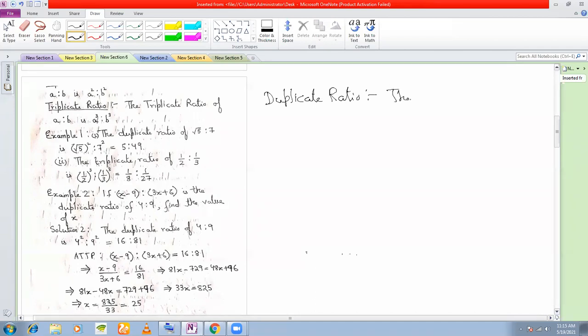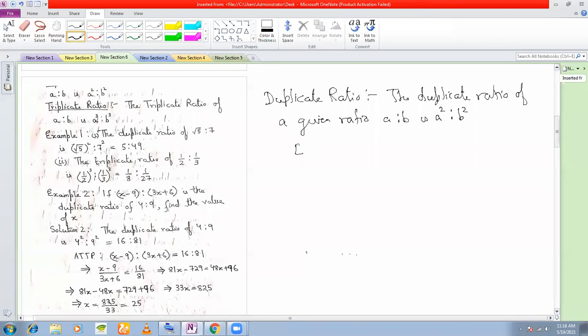The duplicate ratio of a given ratio a is to b is a square is to b square. That is, you square the antecedent and you square the consequent, you will get the duplicate ratio.